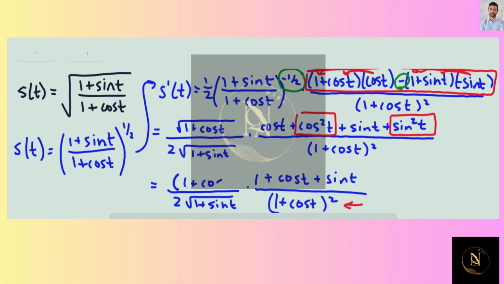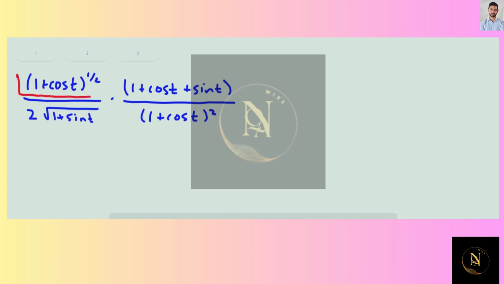So 1 plus cosine t to the 1/2 power. Okay, so now what we want to do is subtract the powers. So we end up with the 1/2 power minus the second power is the negative 3/2 power. So we end up with 1 plus cosine t to the 3/2 power on the bottom. So let's go ahead and get some space to write that out.